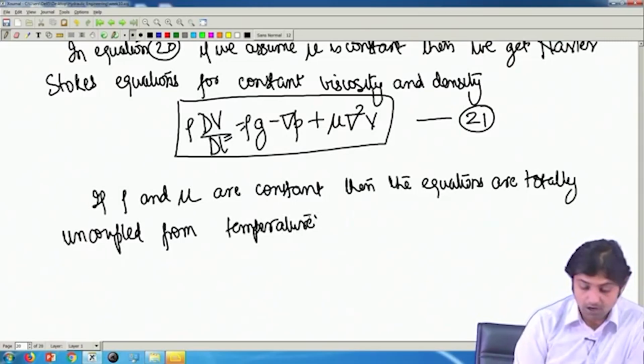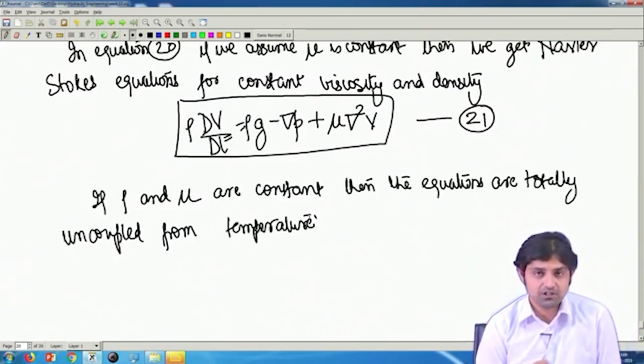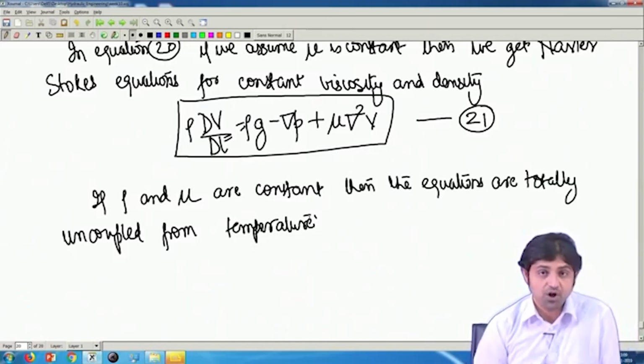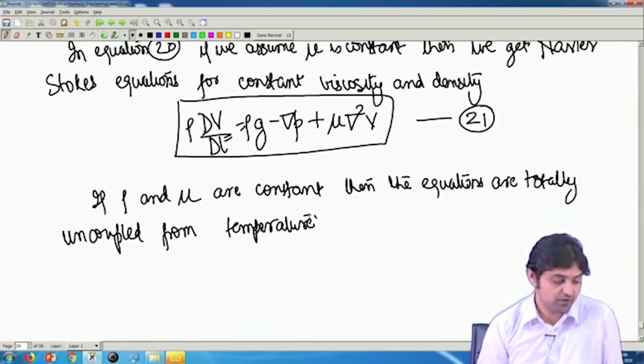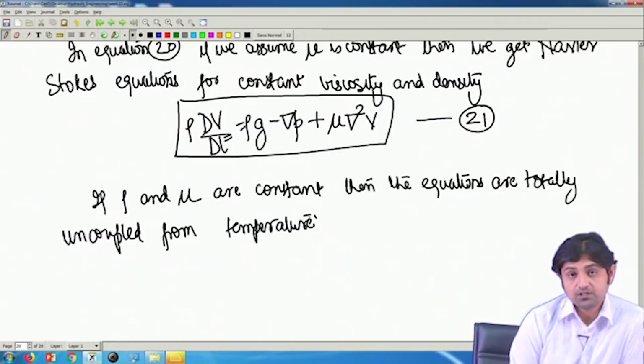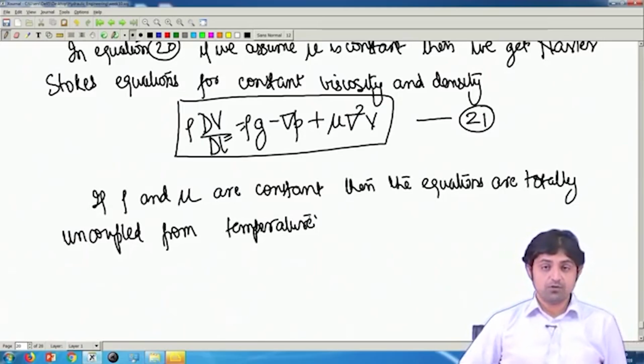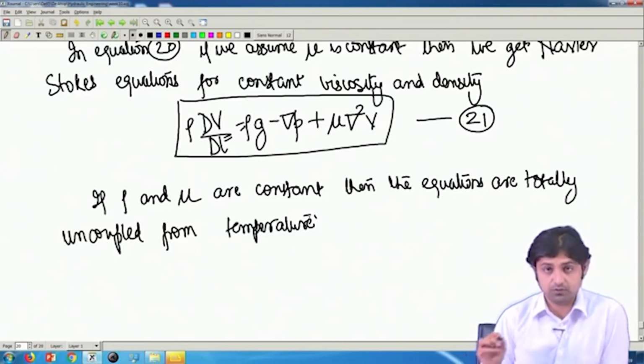That is why rho and mu will be constant, because if we assume constant, then there is no effect of temperature. Or we assume a fixed temperature. If you remember, in the beginning we said that the properties are pressure, temperature, including the velocities, that we need to find using the conservation laws. We haven't discussed temperature because it is outside the scope of this particular course.